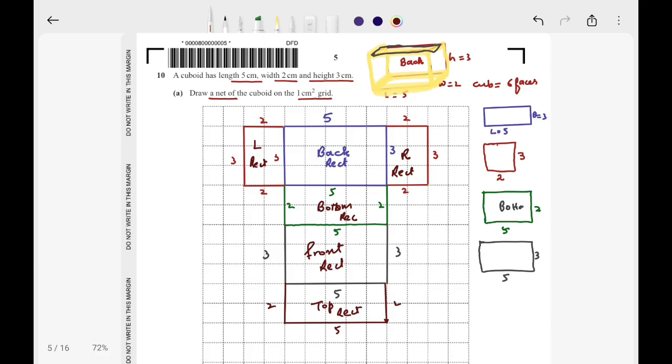Students, have you seen that we have drawn 6 faces? 1, 2, 3, 4, 5 and 6, and check, there are 6 faces.